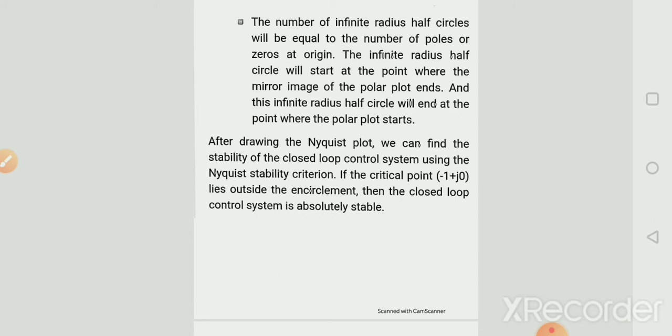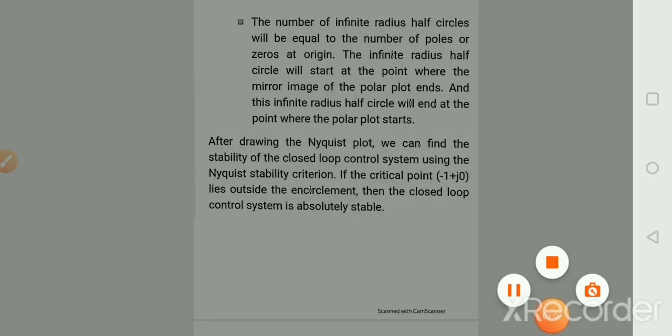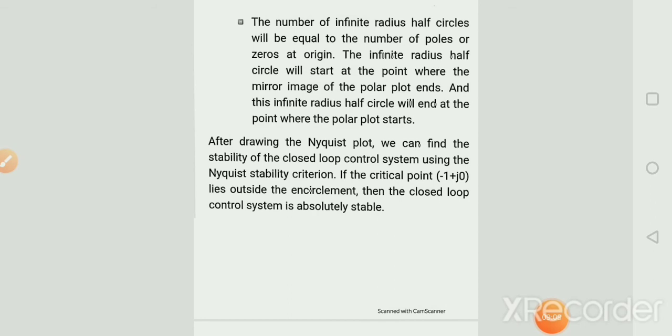If the critical point minus 1 plus j0 lies outside the encirclement, then the closed loop control system is absolutely stable. Now we can understand by an example: determine the closed loop stability of the system. We have a system G(s)H(s) equal to K upon s into (1 plus sT).